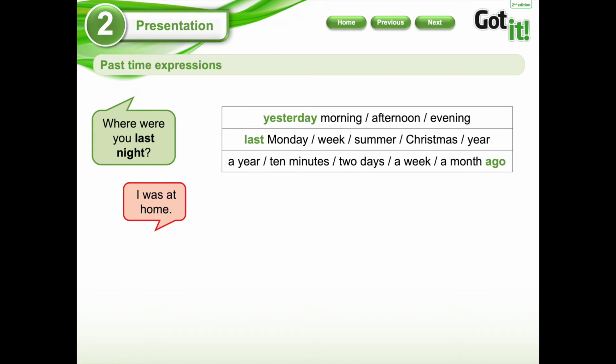You're going to say it always 10 minutes ago, 2 days ago, referring to 10 minutos antes o 2 días atrás. Okay? The expression yesterday is referring to yesterday morning, ayer en la mañana, ayer en la tarde o ayer en la nochecita. Luego dice last Monday, el lunes pasado.